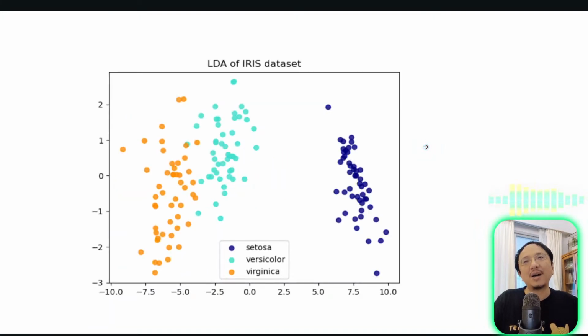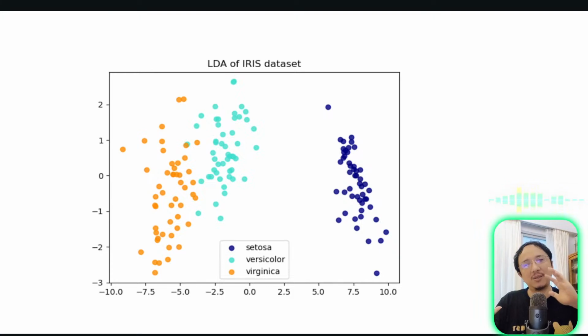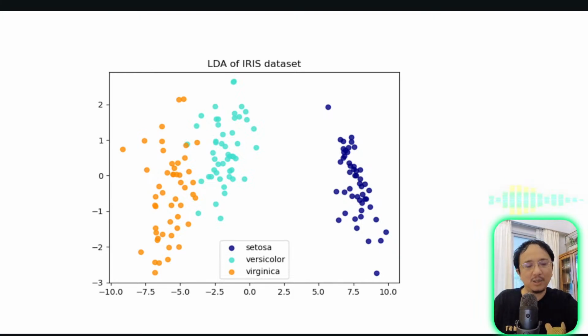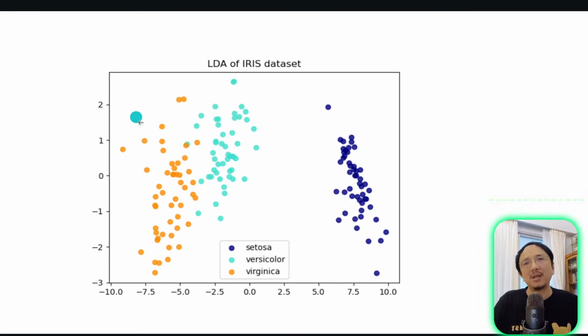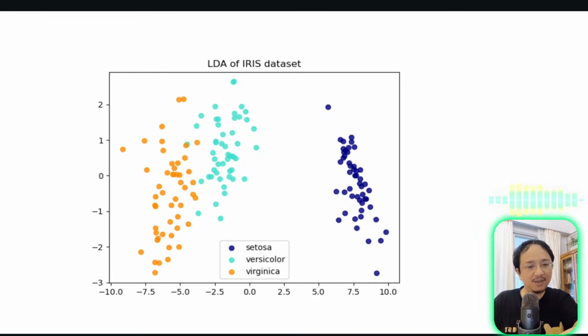But if we consider the class, because we have 3 different classes, and we take the differences between the classes into consideration, then we pick the axis to separate each of the classes. We are picking the axis with a different goal.